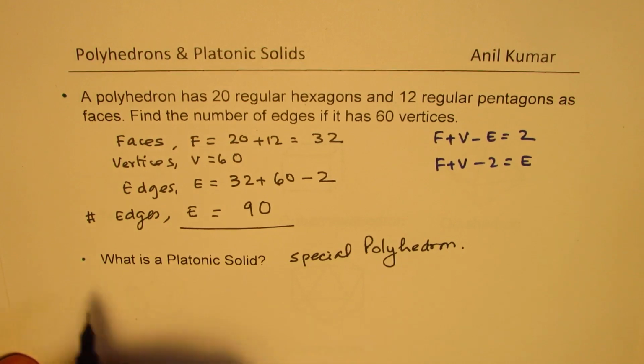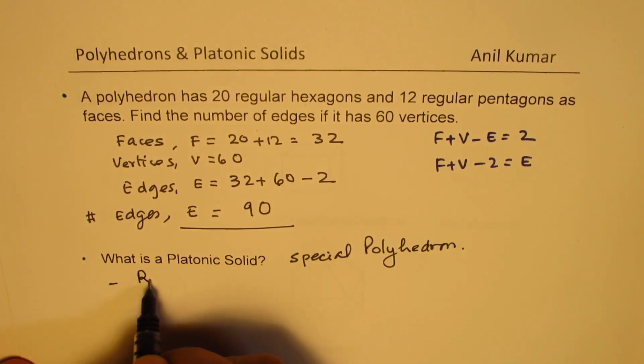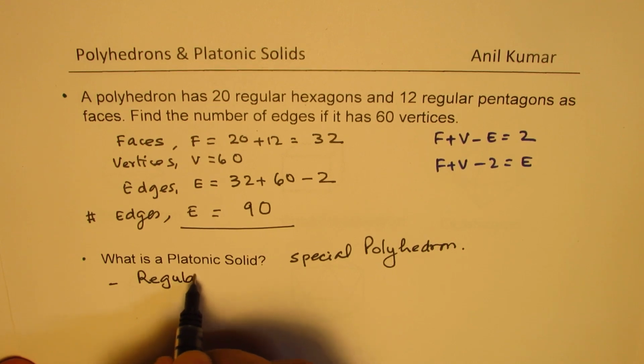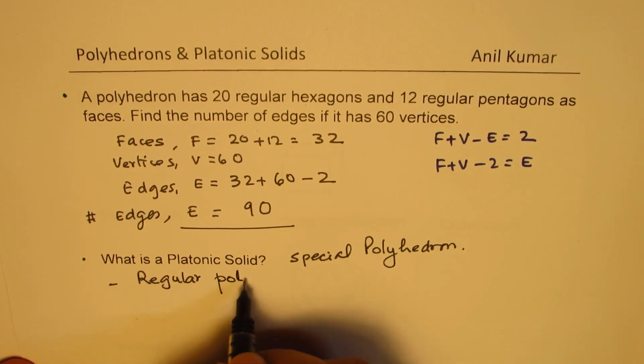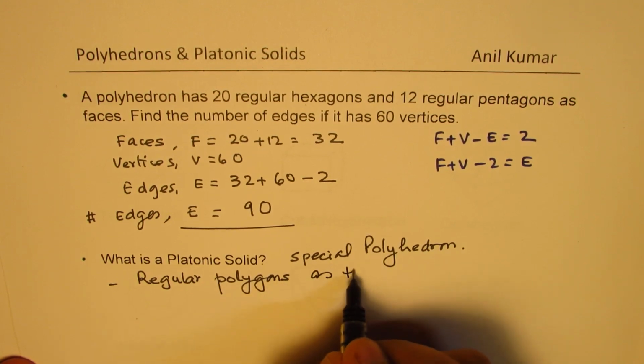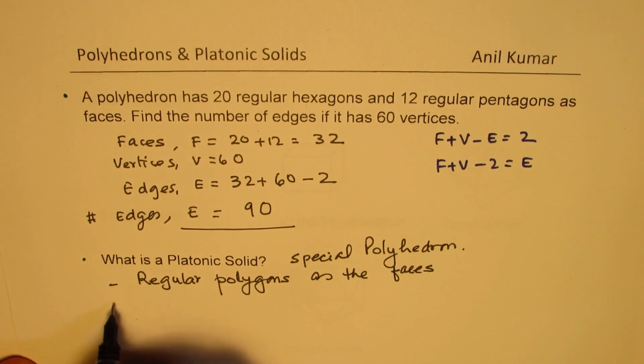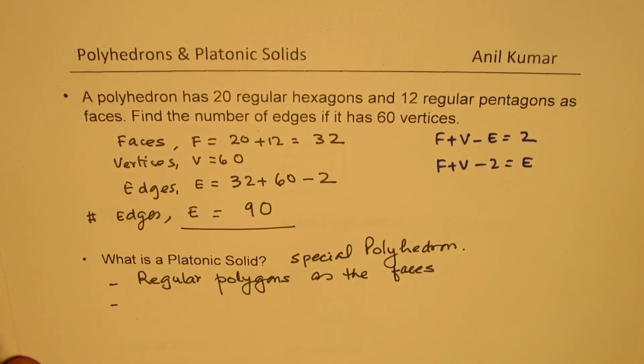So what is special about it? One, we have regular polygons as the faces. Regular means all sides equal, all angles equal.